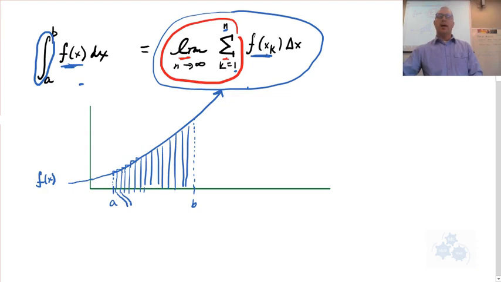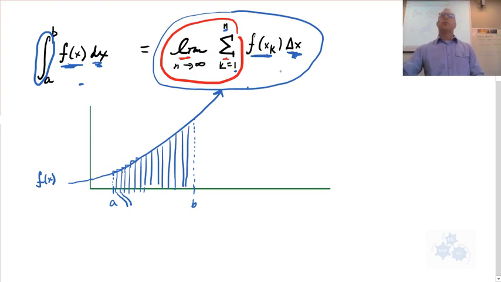And of course the dx represents the width of those rectangles, the differential of x. So what's the difference between one x and the other one? And as n approaches infinity, this is going to approach what?